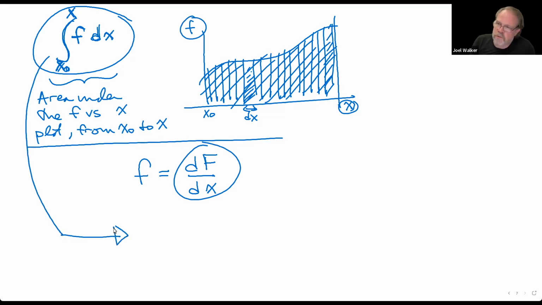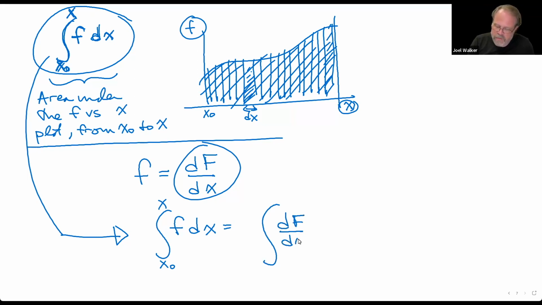This integration, which we're trying to compute, is the accumulated area of the height function times the width function from the initial x to the final x. But if that height function f is itself the slope of some other function, we can rewrite it as rate of change of capital F with respect to x times rate of change of x, or small step in x.